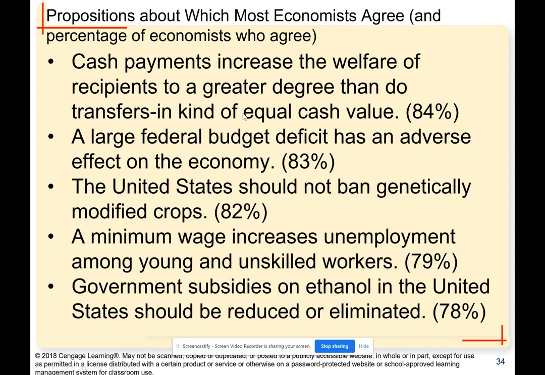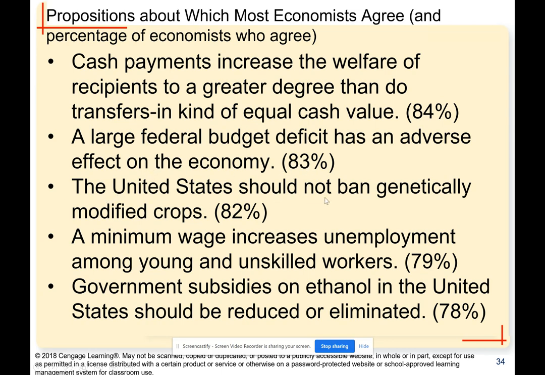Cash payments increase the welfare of recipients to a greater degree than transfers in kind of equal cash value. 84% of economists agree. Give them cash, let them make a choice of what they want. A large federal budget deficit has an adverse effect on the economy. 83% agree.